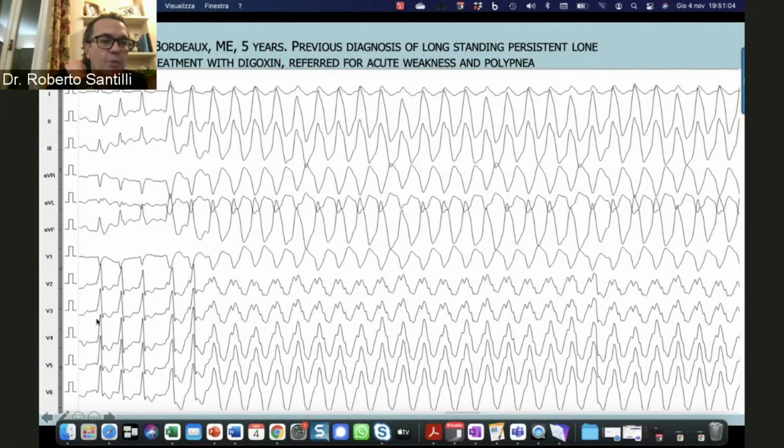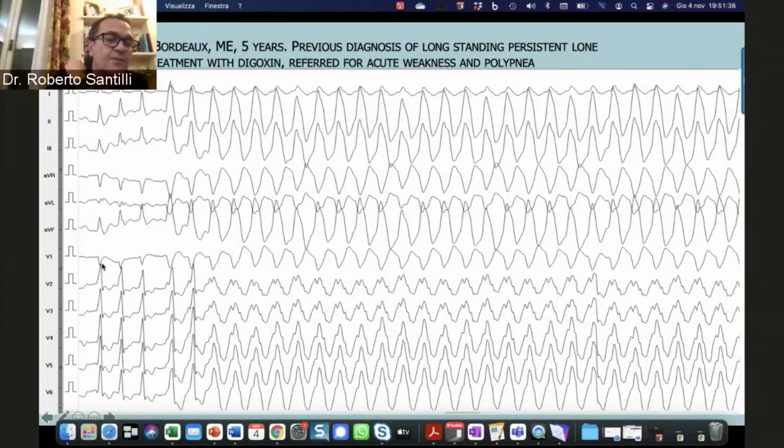While if you compare from the beginning of the QRS complex to the peak in the left ventricle from lead V2 to lead V6, it's very, very delayed. Usually the distance between the peak of the R in V1 and the peak in V2 should be less than 15 milliseconds, so less than 1 millimeter at 50 millimeters per second of paper speed.